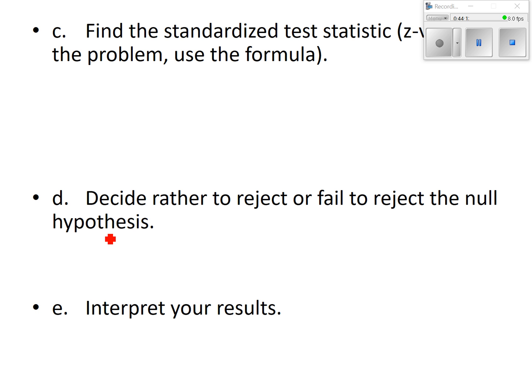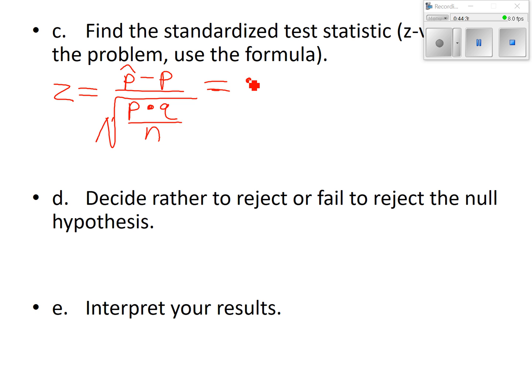Next, now we do our formula. Z equals P hat minus P over the square root of P times Q divided by N. P hat we said was 0.18, minus 0.20 is our P. What's Q if P is 0.20? 0.80.